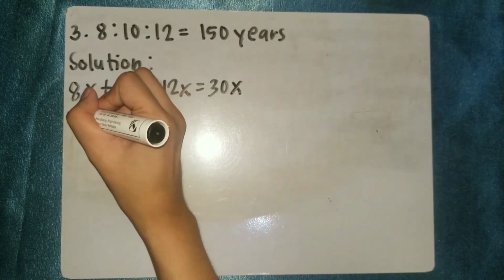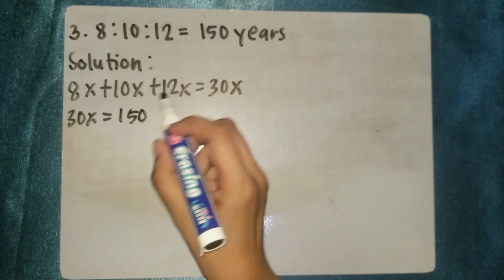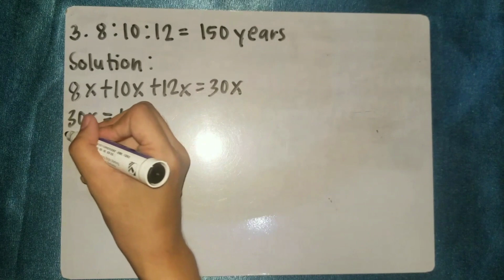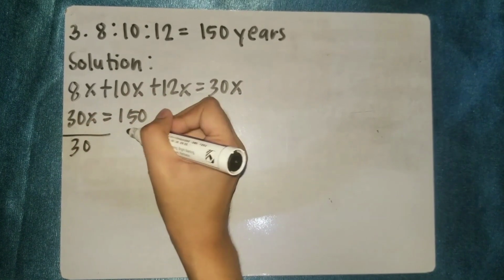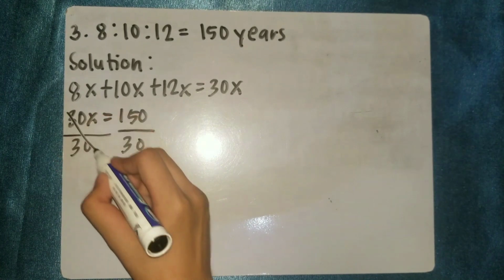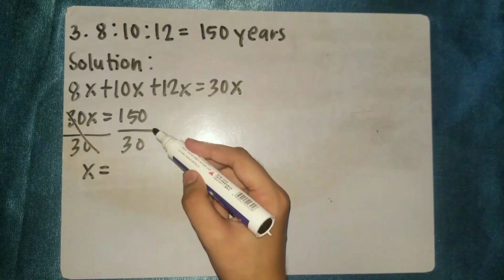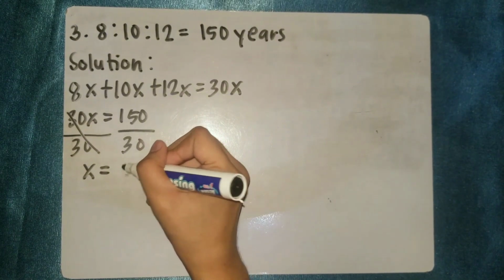Then 30x equal 150, which is galing dito. Then divide 30 by both sides. 30x divided by 30 equal x. Then 150 divided by 30 equal 5.